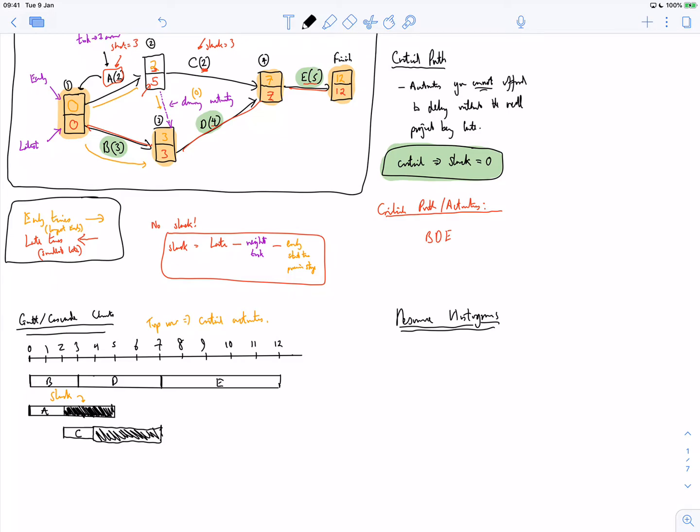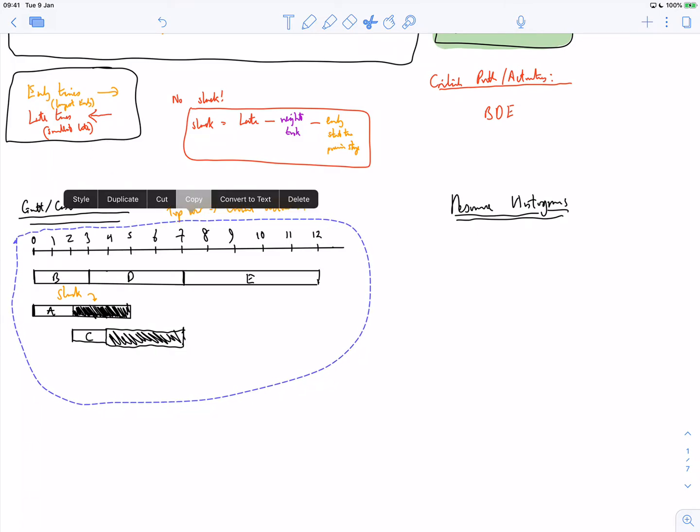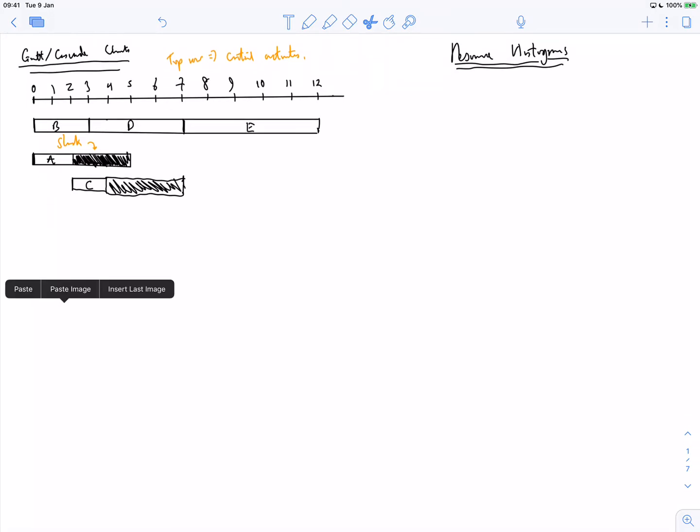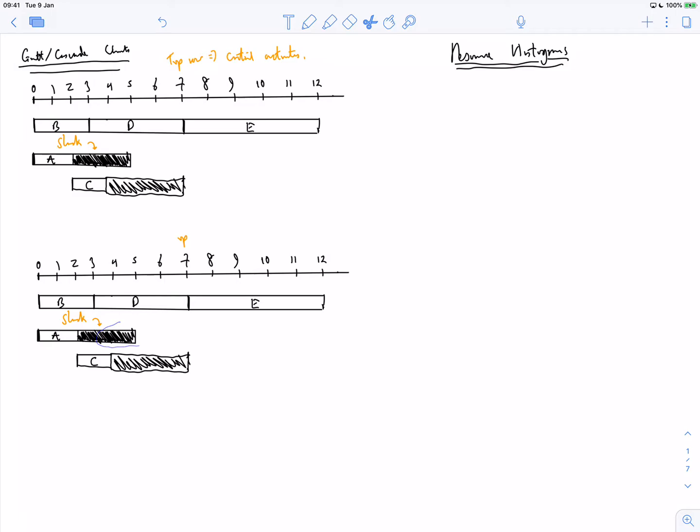Now this is the cascade, right? If I wanted to do a Gantt chart and actually organise them into workers, then it's pretty obvious what needs to happen. You slide these around.